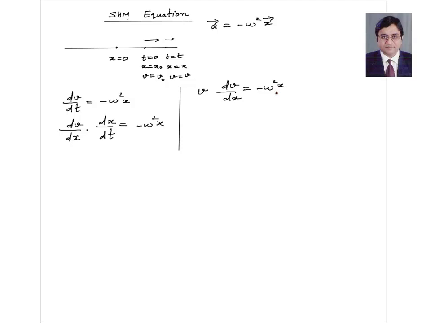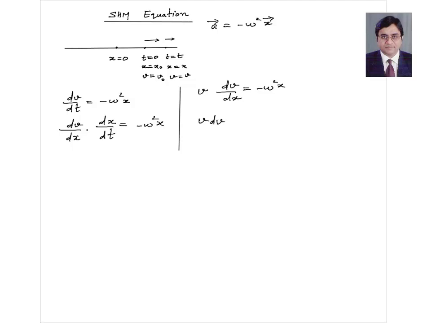Eventually we certainly want t. Actually what we want is the x-t relationship. This should eventually lead us there. So let's find out the v-x relationship and then proceed towards the x-t relationship after that.